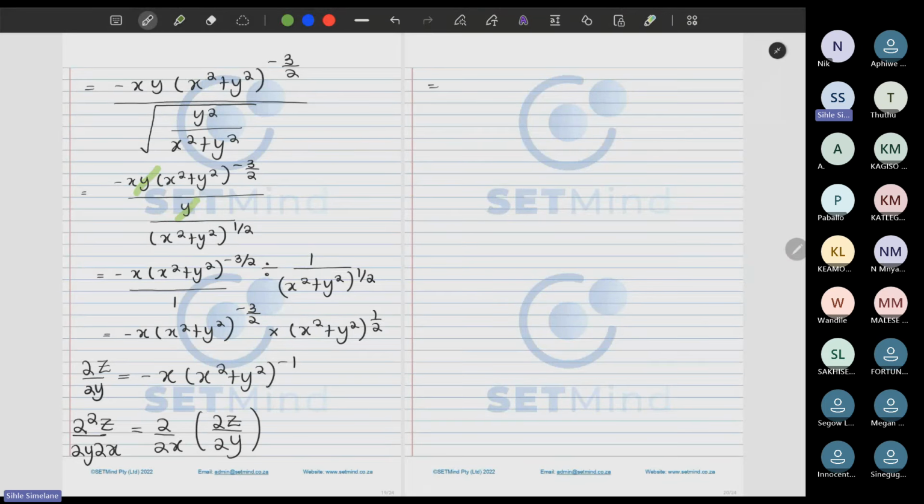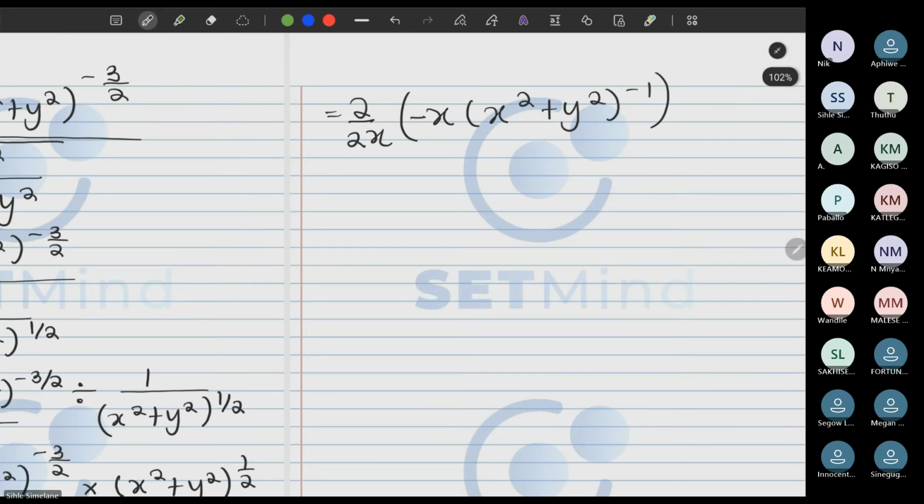So we'll go to the next page and do our partial with respect to x, and we are deriving negative x into (x squared plus y squared) to the negative 1. And this just becomes a simple product derivative. So we have the negative x, which when we derive, it becomes negative 1. It will multiply (x squared plus y squared) to the negative 1.